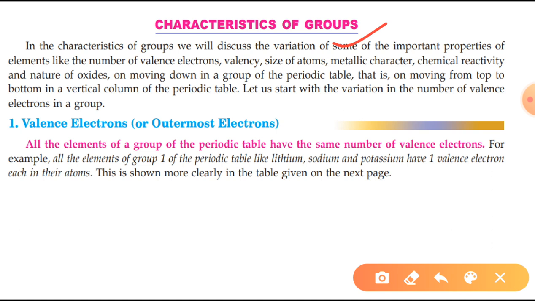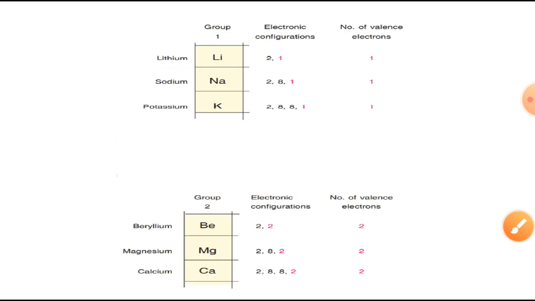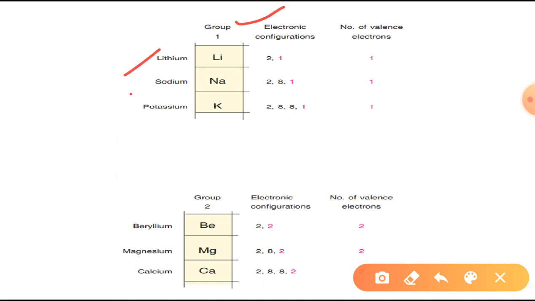So let's start, starting from valence electron, which are also known as outermost electrons. Students, all the elements of a group in a periodic table have the same number of valence electrons. If you are talking about the first group elements, here you can see group 1: lithium, sodium and potassium.